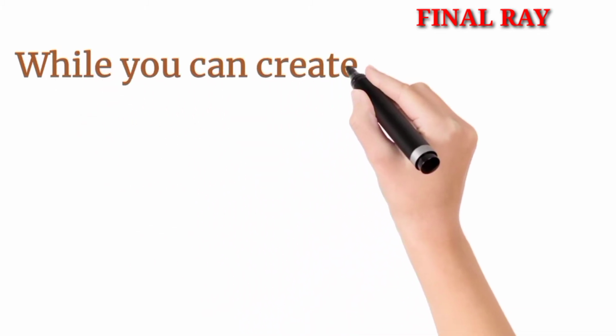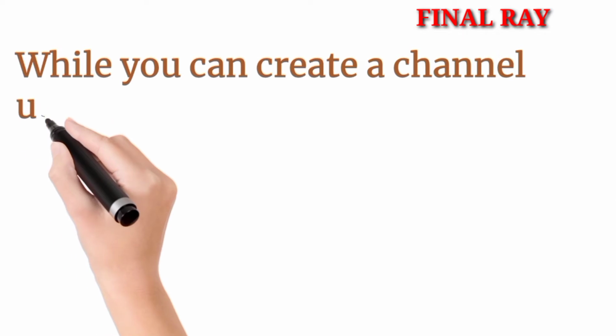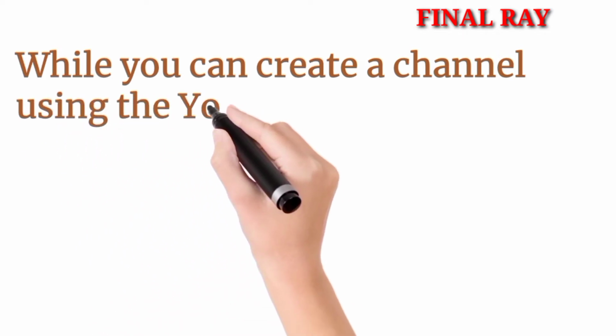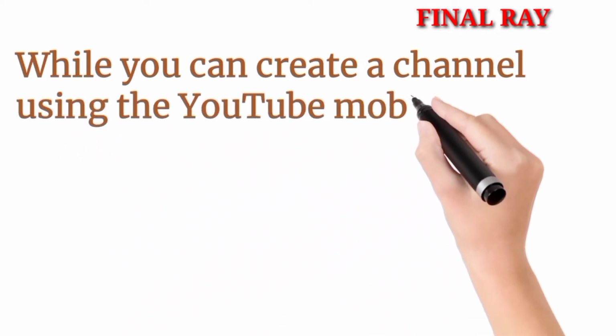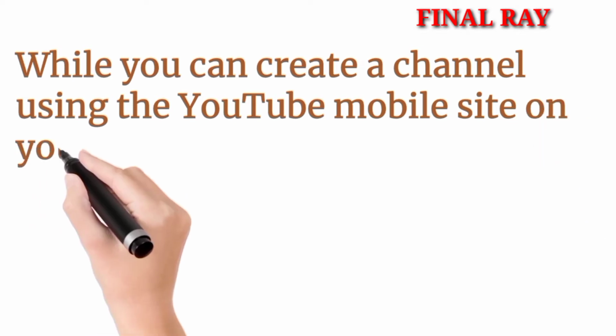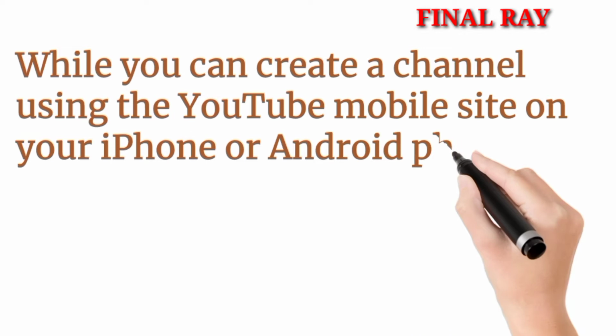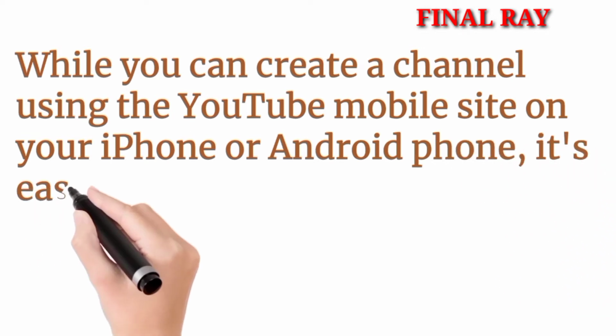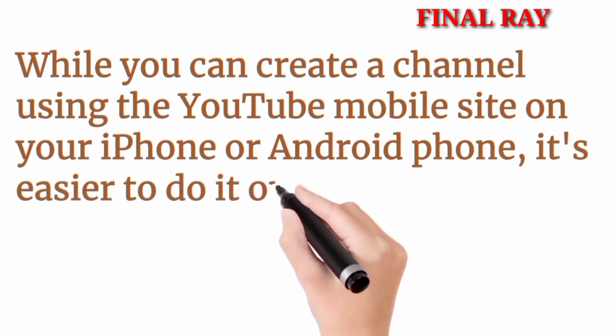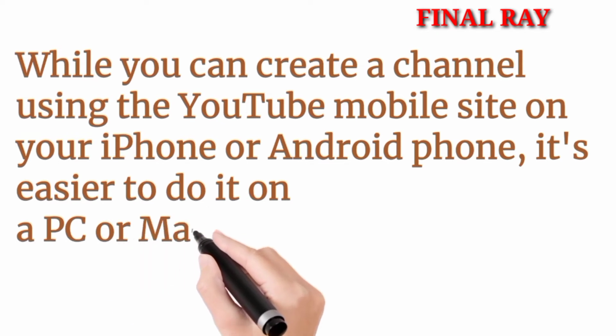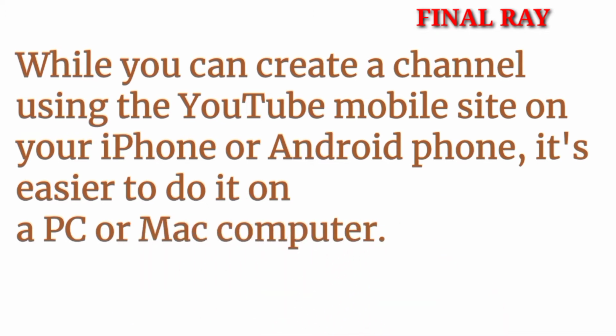While you create a channel, you have to follow these suggestions and procedures. You can create a channel by using your mobile, your iPhone or Android, and you can easily create your account by using your personal computer or a Mac computer.